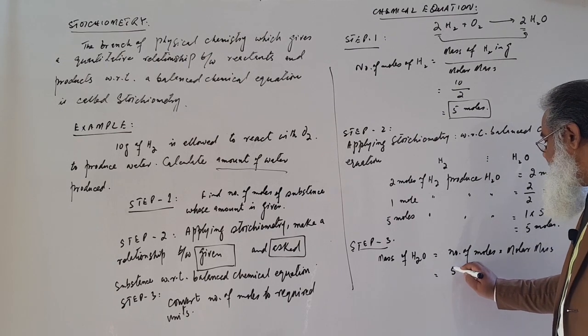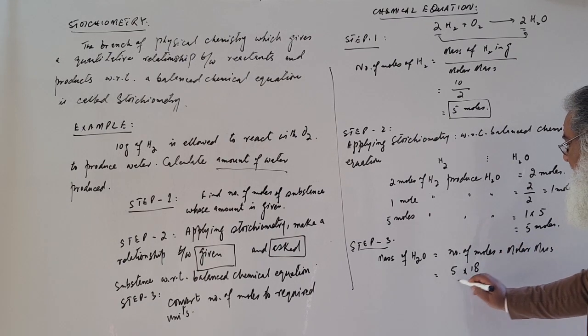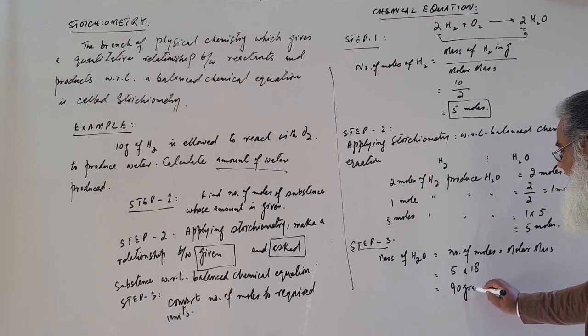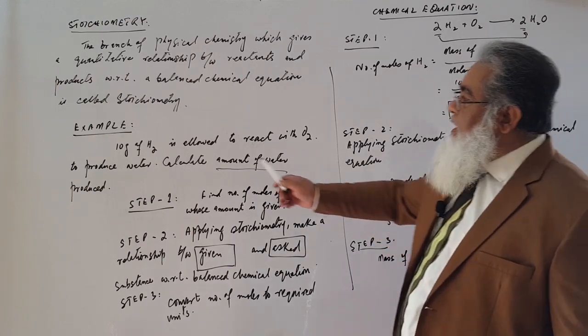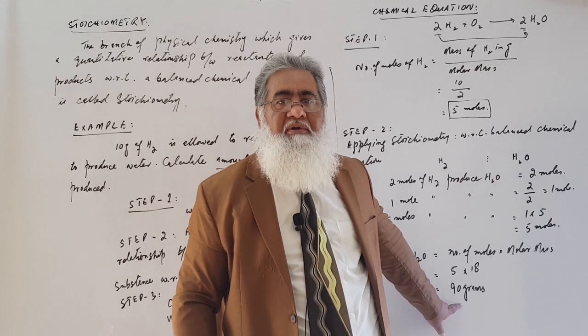The number of moles of water produced is 5, the molar mass of water is 18, hence the answer comes 90 grams. Therefore, if we have 10 grams of hydrogen, then 90 grams of water will be produced.